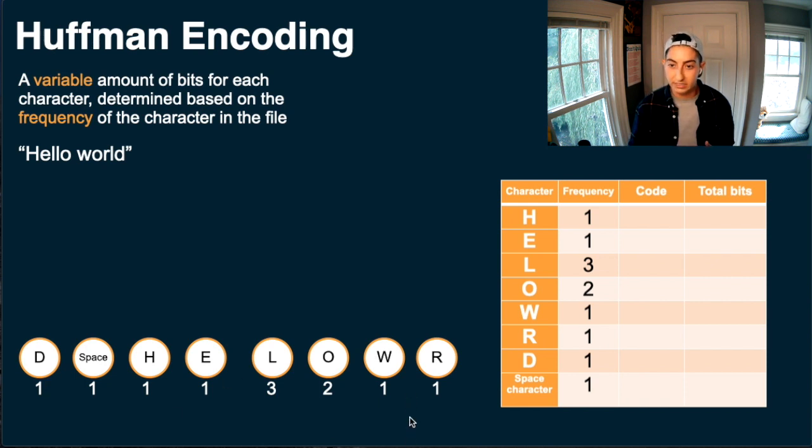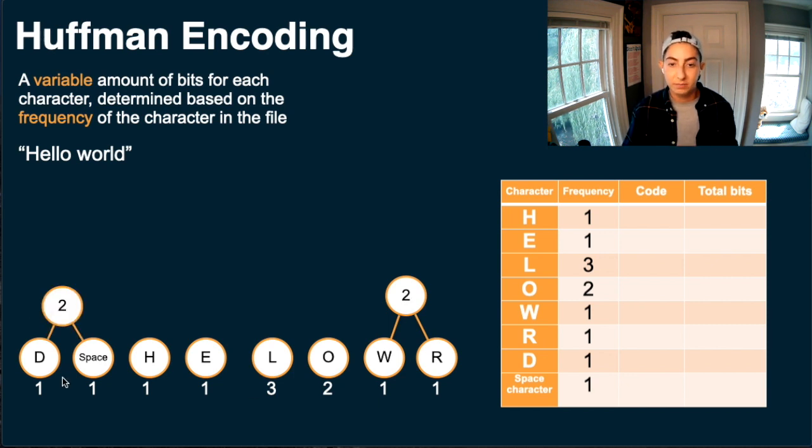So first we're going to call union on them. We create this parent, and it's not exactly calling union on them, by the way, because we're not joining them together, we're joining them to this other node, but whatever. We join them together and add a node, which is just the addition of their two frequencies. So now this is 2, and now this is 2. We're just joining together minimums, of which we have a bunch of the same, so we do it for each of them. So we have another 2.